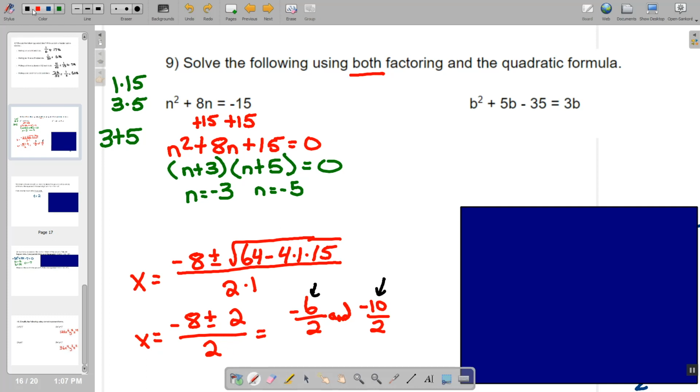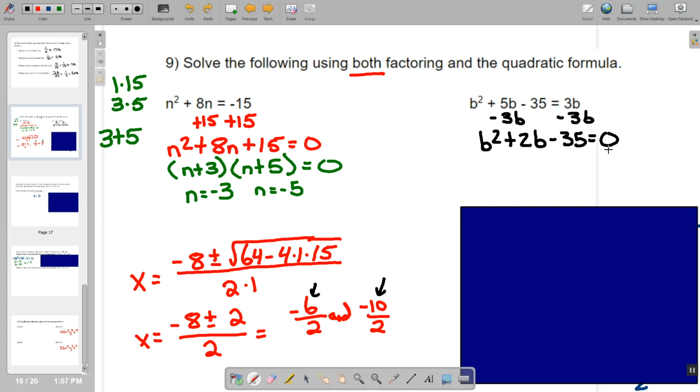For the problem on the right, I have the same issue. It is not equal to 0. So I'm going to subtract 3b from both sides. I get b squared plus 2b minus 35 equals 0.